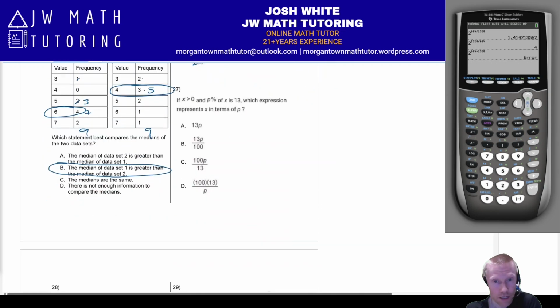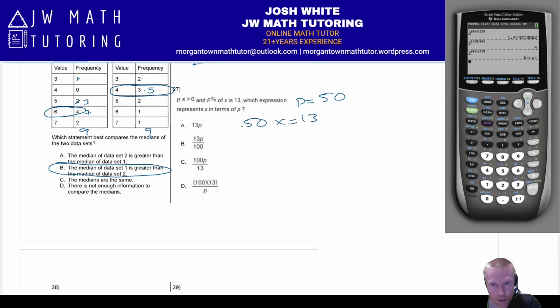All right, let's look next at 27 below it. This is another one where I would use picking numbers as the main strategy here, because if you just take this out, it's like p% of x is 13. So I let p equal 50, and therefore I've got 50%, which is 0.50, of x equals 13.